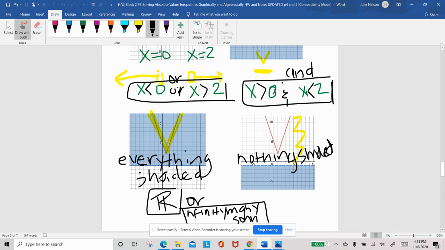On the right, nothing is shaded. So when nothing is shaded, what do I call that? That's called no solutions.